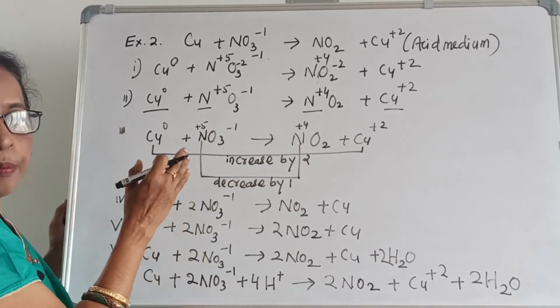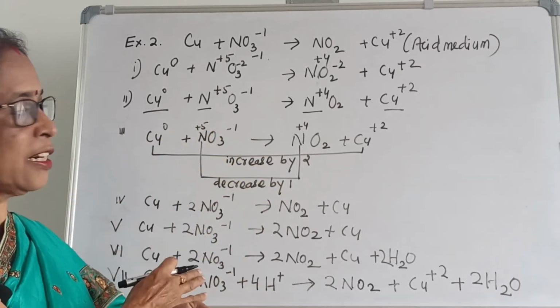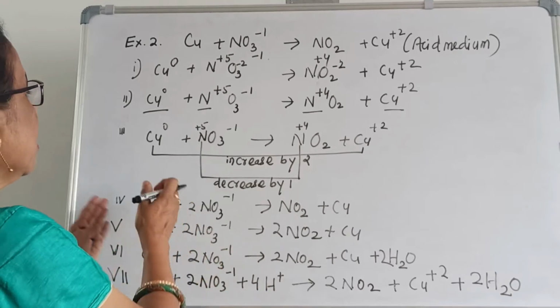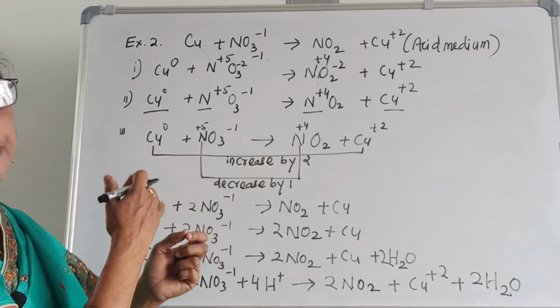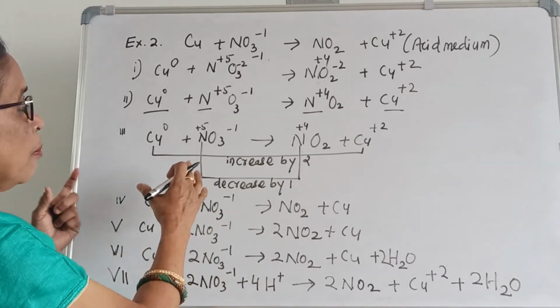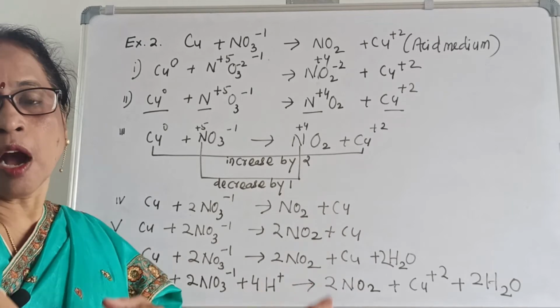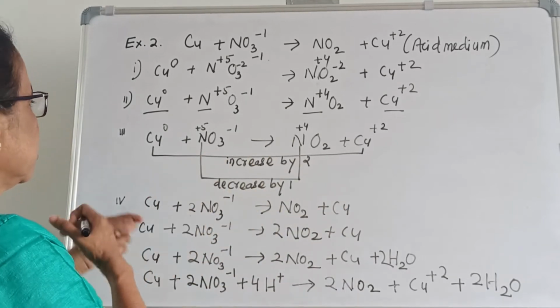Then how can you balance, how can you equate the oxidation number on the reactant side, not the product side? You will see how you can balance. Before balancing, we should observe how many times the oxidation number increases and how many times it decreases.